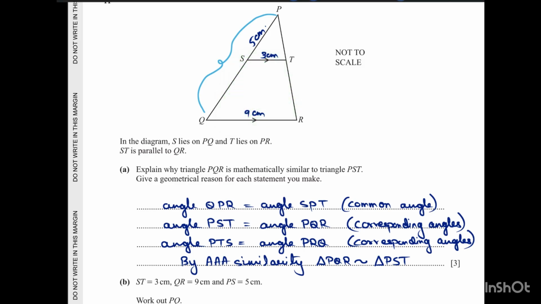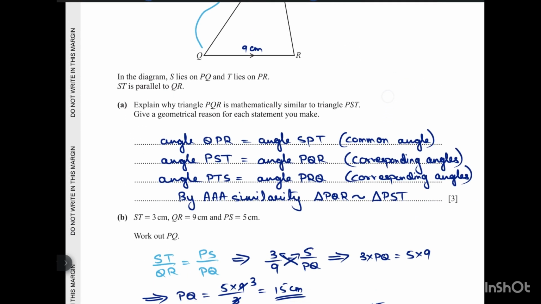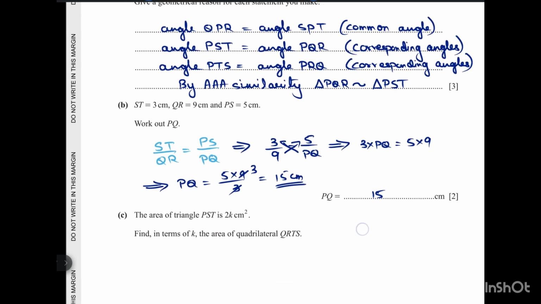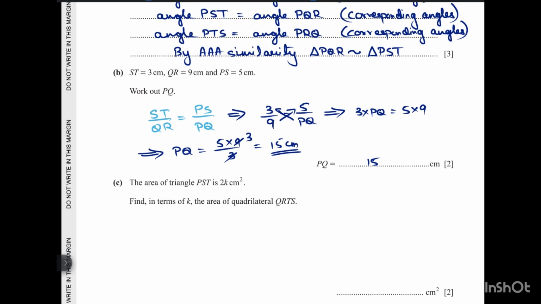This area can be found by doing area of triangle PQR minus area of triangle PST. If I do this, I will get the quadrilateral area. And how to get the area of PQR, I will show you.